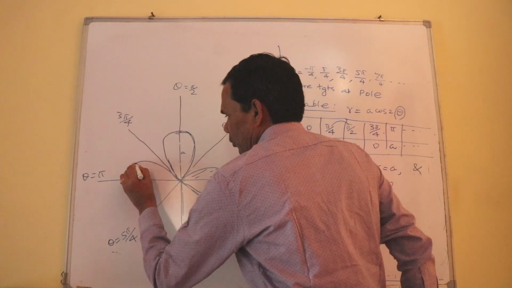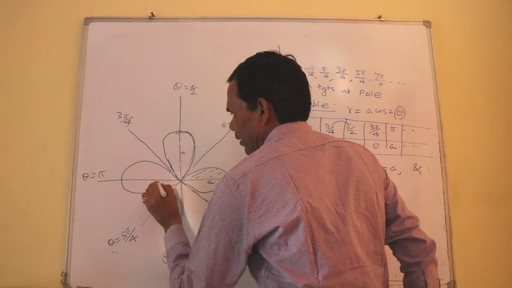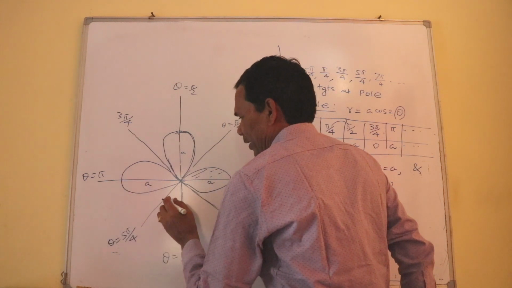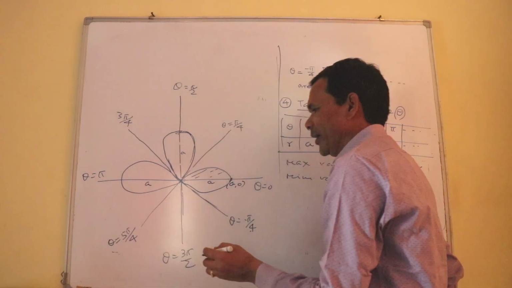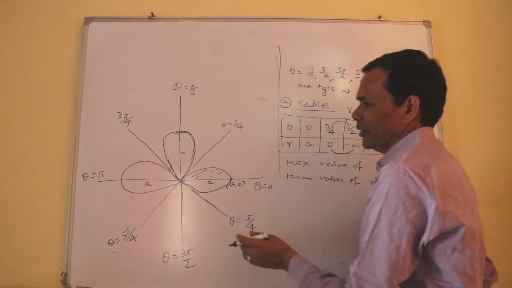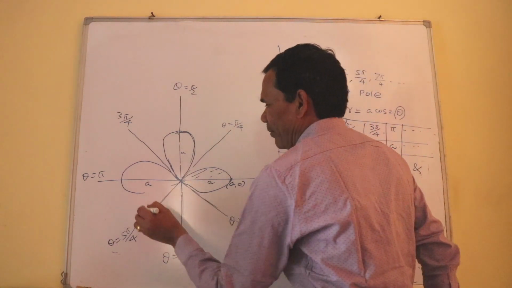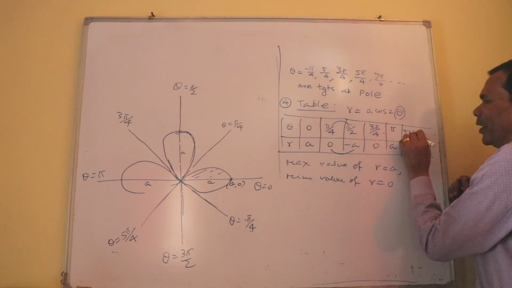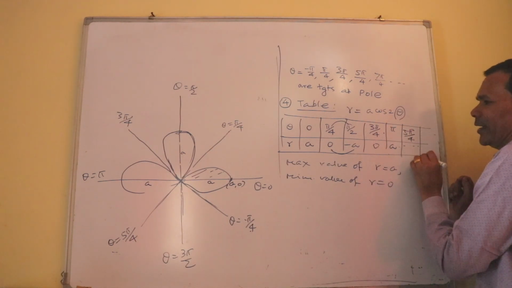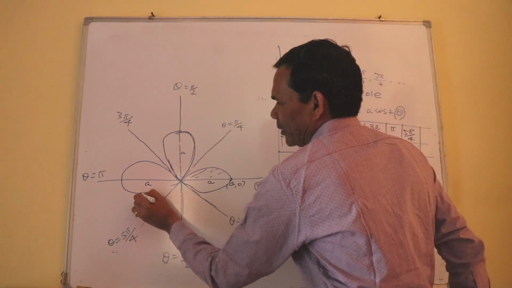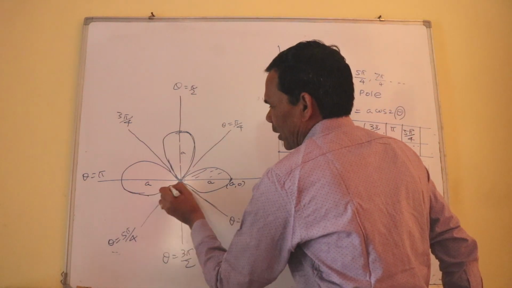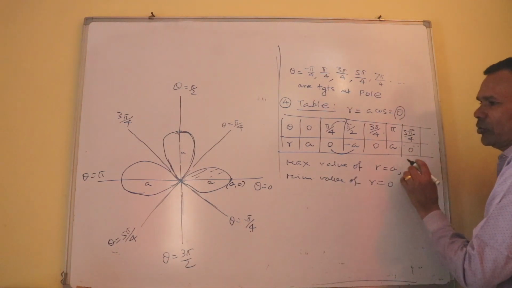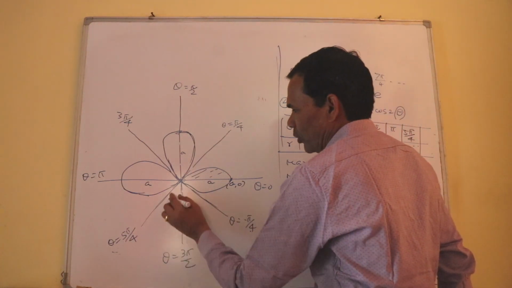So you are getting something like this, of length a. Taking some more points, theta from pi to 5 pi by 4, r becomes 0 at this particular point.